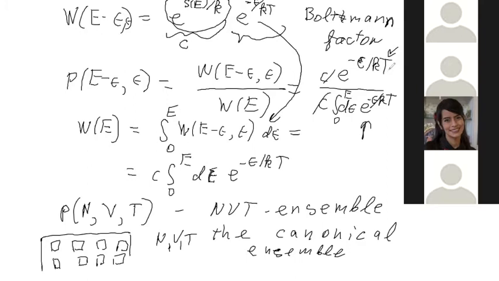And in fact, this is also a very famous expression. This is called the Maxwell Boltzmann distribution, which says that the probability of finding a state with a given energy is e to the power minus epsilon over KT.